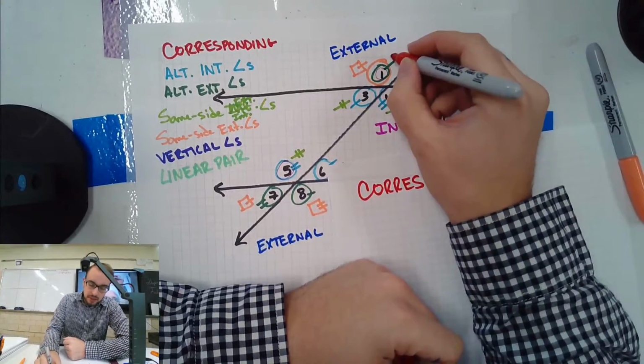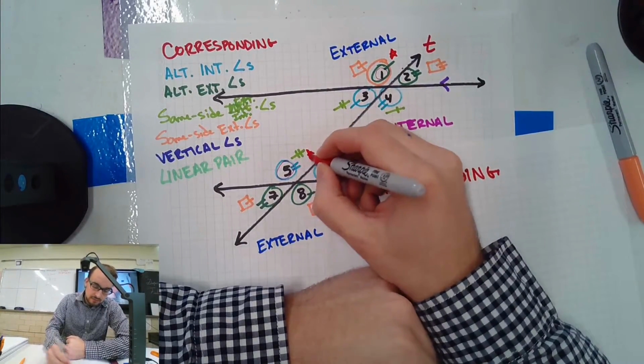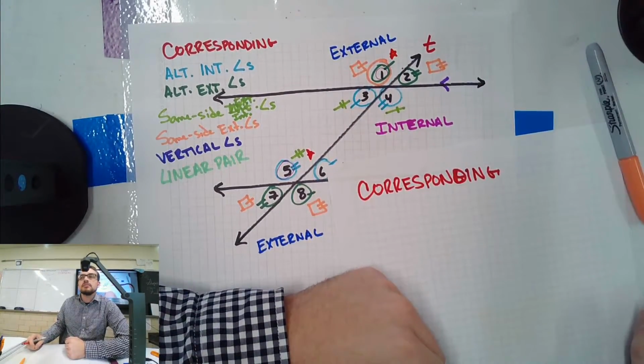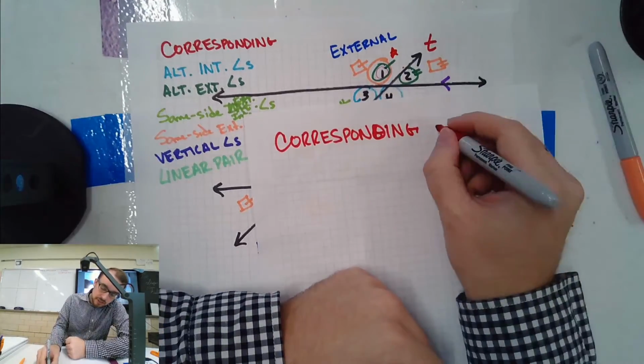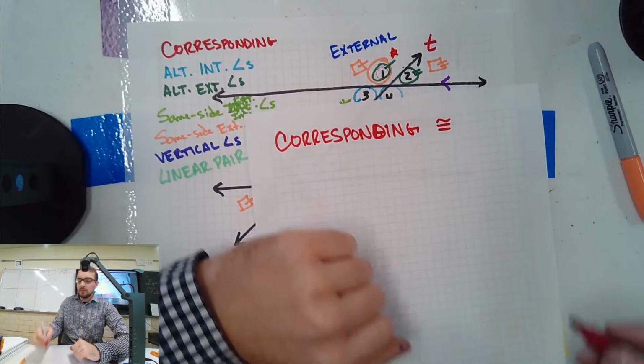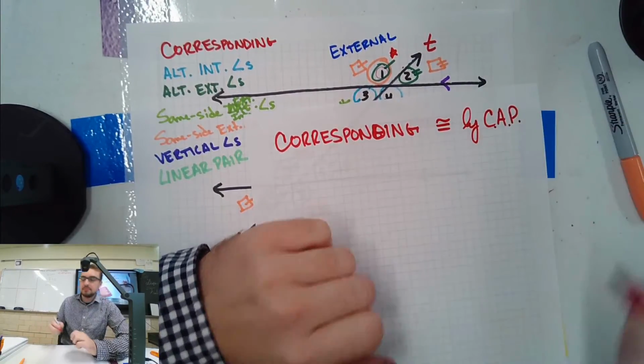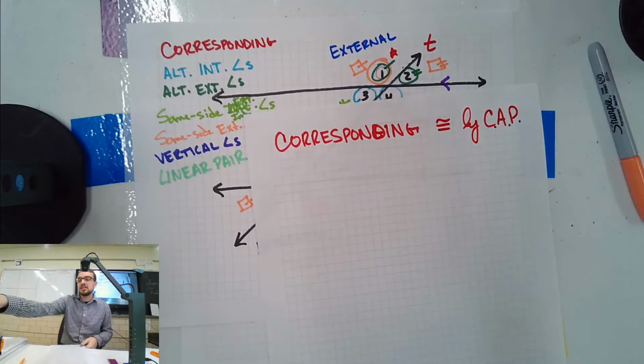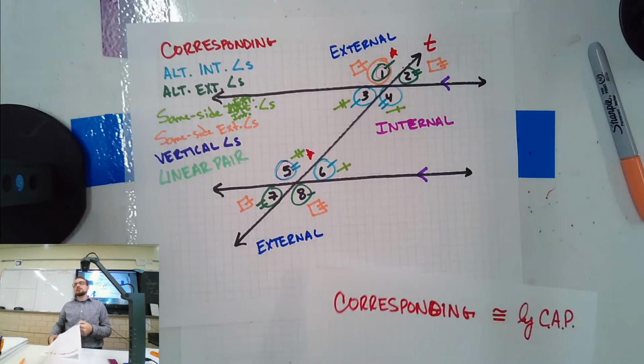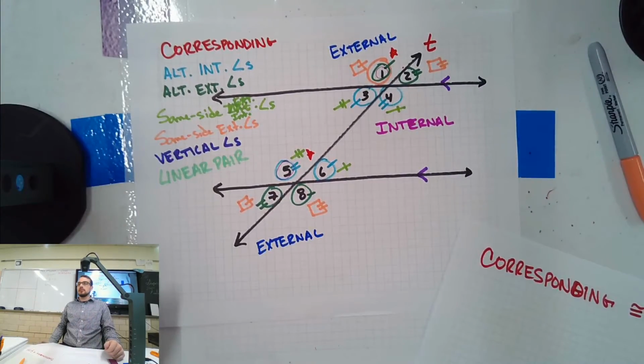Here's an example of corresponding, right? 1 and 5. Zayden. They're always going to be congruent because corresponding angles theorem, right? By theorem, I mean postulate, cap. Corresponding angles postulate says if a transversal is cutting two parallels, then the corresponding angles are going to be congruent.